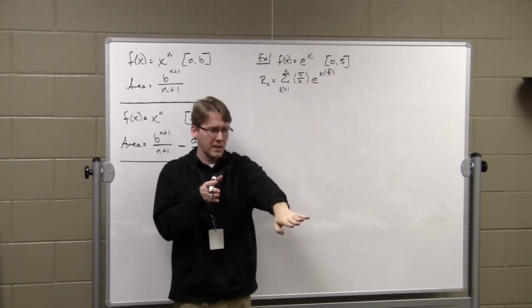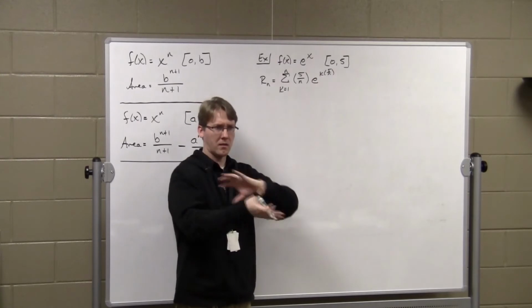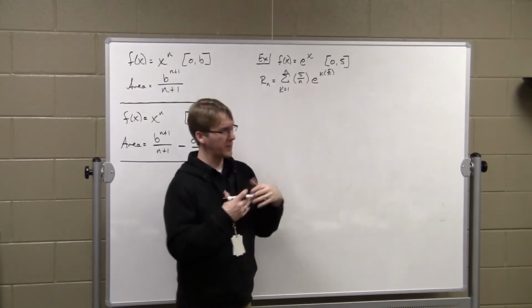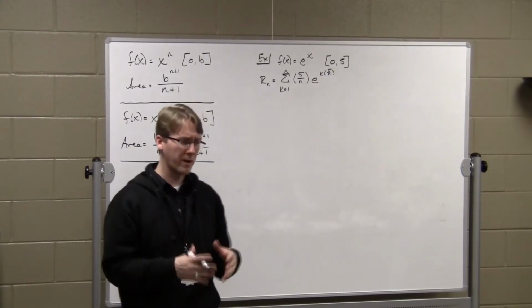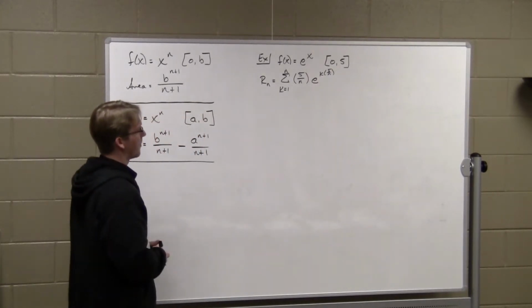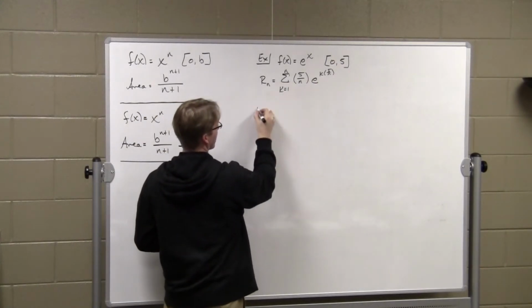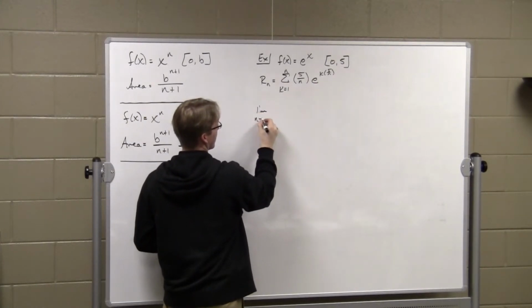On the warm-up and homework problems they globbed it all together. The AP tends to keep it separated for you, or if they do combine it, it's not hard to see how. So that's general, and now we're going to take a limit going to infinity.